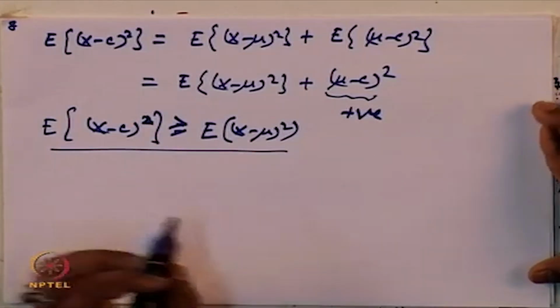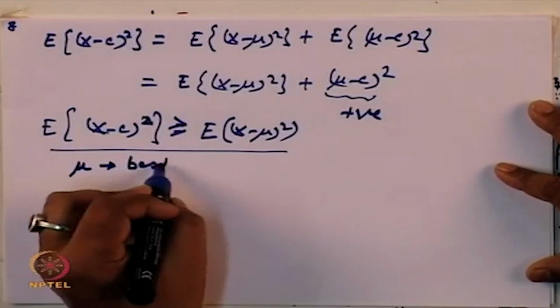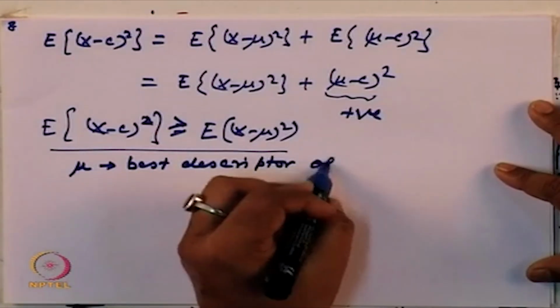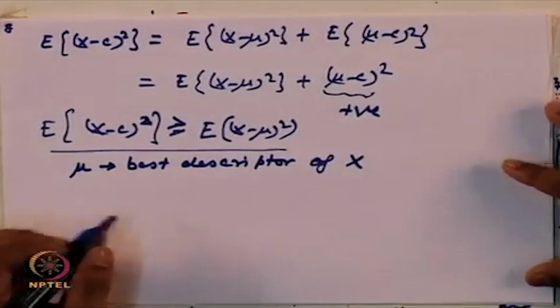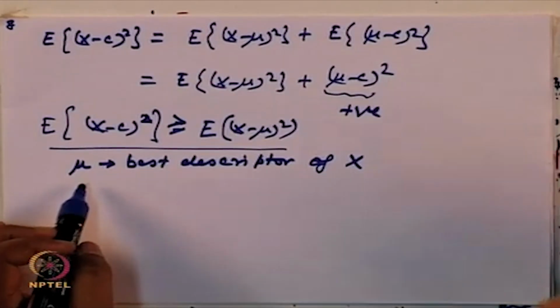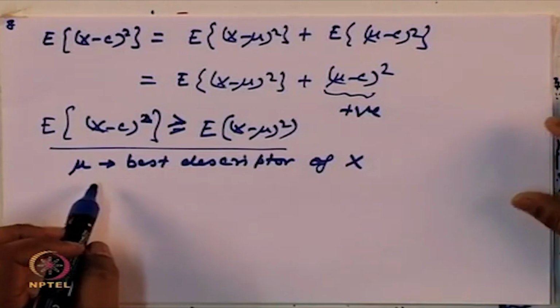So, this means that my mu is the best description, okay. This is why the average is taken as such a standard metric for defining the population or the sample, okay.